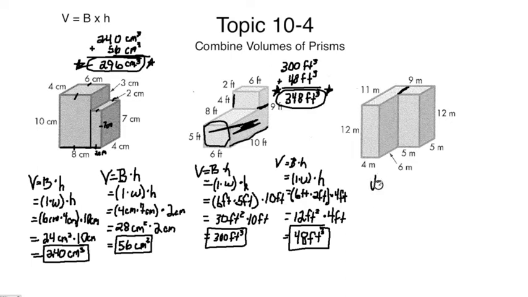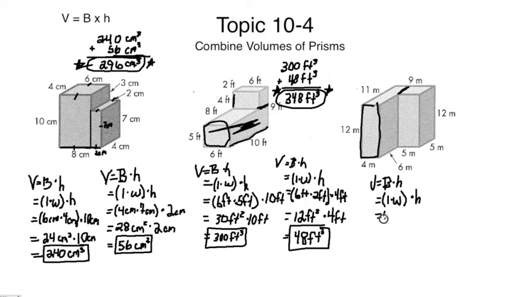So I put in the universal formula, base area times height. Please don't be this sloppy. It's just hard for me to write on the mouse. My base area formula is length times width, because it's a rectangle. Multiply it by the height.